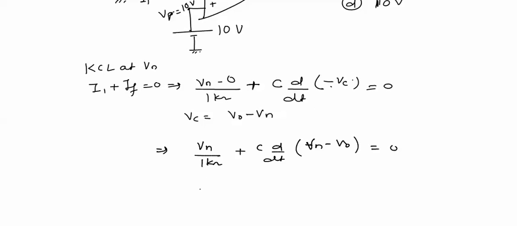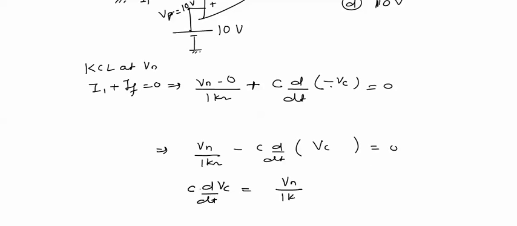In this problem we want to calculate only Vc, so no need to substitute this. So this step can be written as Vc and this sign will be negative. We want to calculate only Vc, not V naught, so no need to substitute. So this can be reduced as C into d by dt of Vc will be equal to Vn upon 1 kilo ohm, which is Vn is 10 volts divided by 1 kilo ohm.